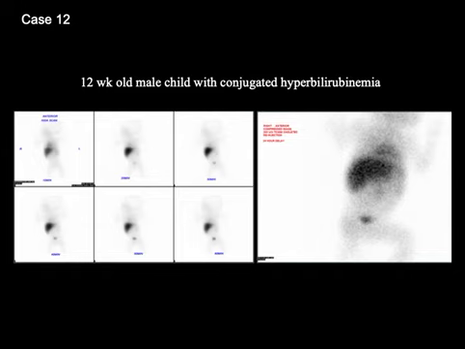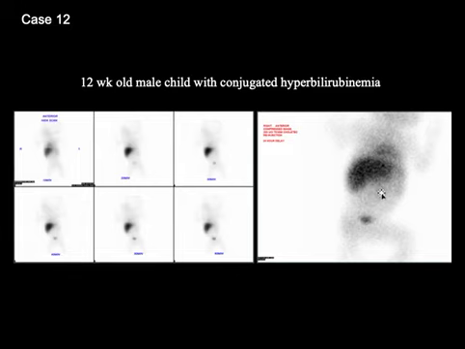Here is another interesting case, case number 12, a 12-week old male child with conjugated hyperbilirubinemia, and the question was whether they have neonatal hepatitis versus biliary atresia. The images on the left are from a hepatobiliary scan showing uptake in the liver but no excretion.